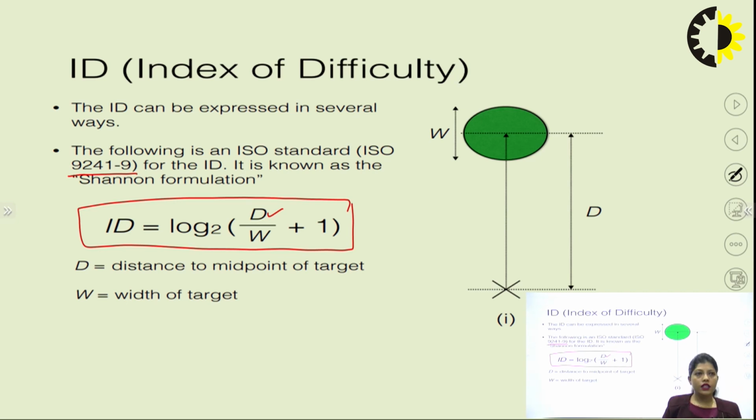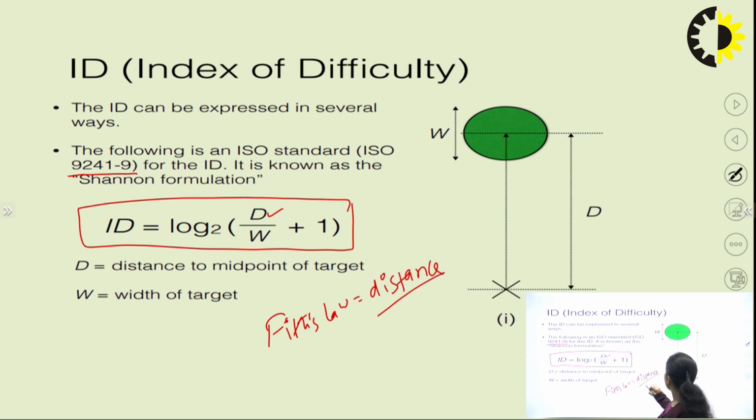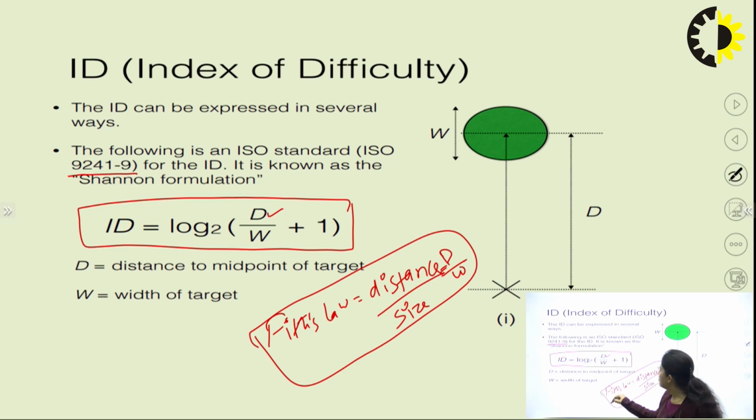Previously I told you that Fitts law is nothing else but distance upon size. Distance here is D and size is the width of the target, W. So this is Fitts law. For calculating the distance and the size of the target, we need the ID, the index of difficulty.